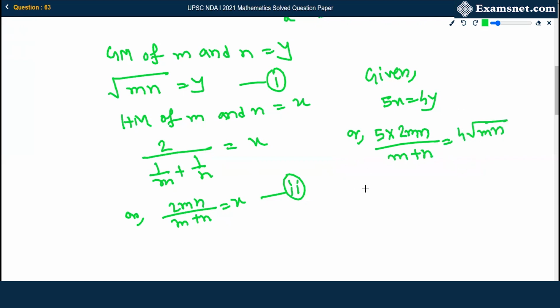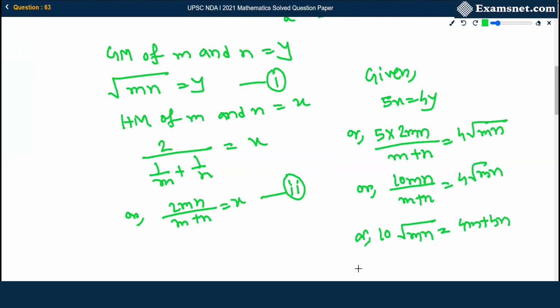Now let's continue with the solution. 10mn by (m + n) equals 4 root under mn, so we can cancel this root mn with mn. It will give us root under mn equals 4m + 4n over 10.